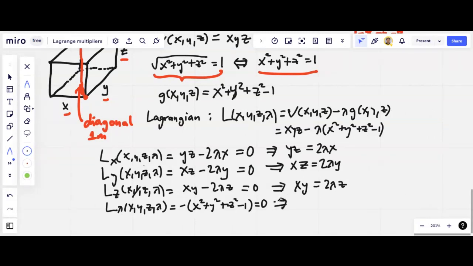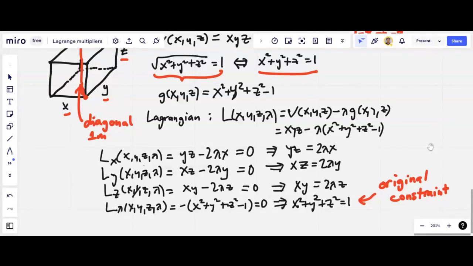And finally, from the last equation, we should get x squared plus y squared plus z squared equal to 1. Now, as a check, we can see that the last equation should actually give us back our original constraint, which is basically saying that the length of the diagonal for this rectangular box is equal to 1.